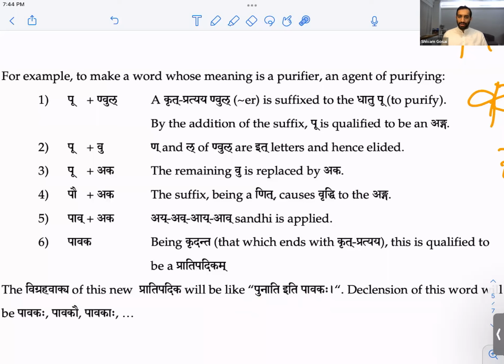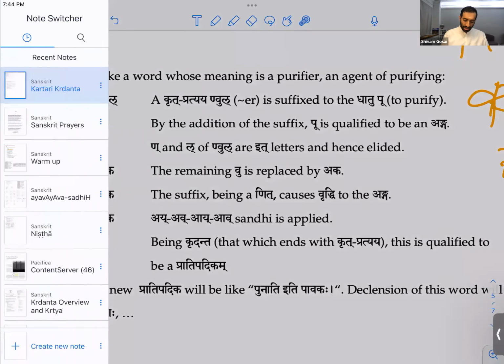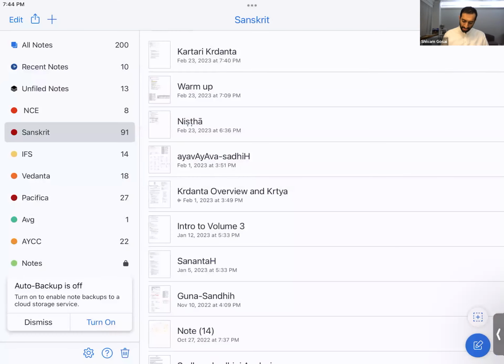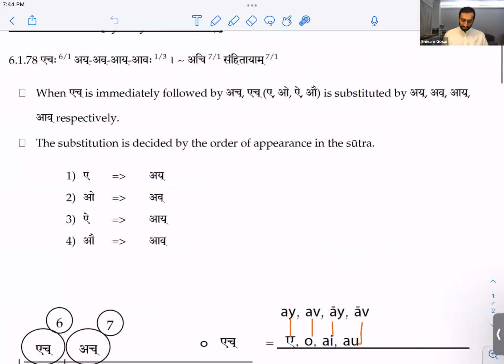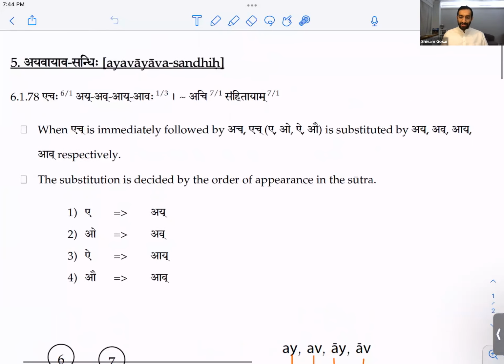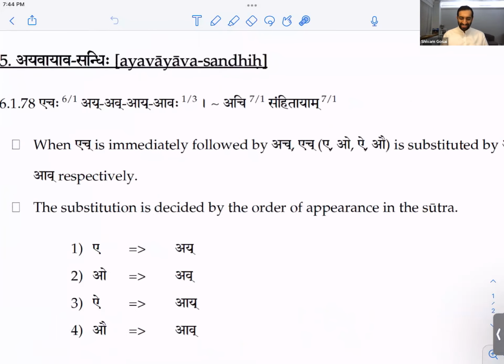Okay, let's just review ayavayava sandhi. So let me pull that up here. Ayavayava sandhi sounds more complicated than it is. Okay, you can repeat after me.